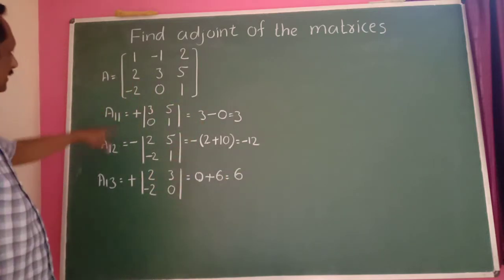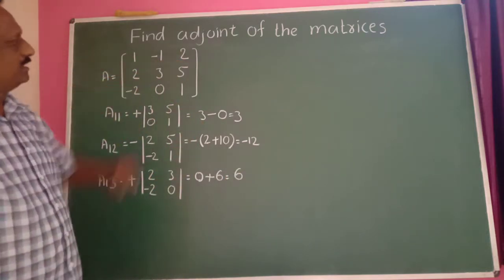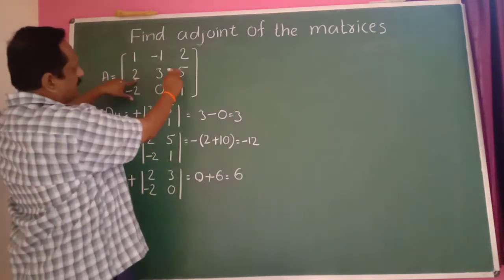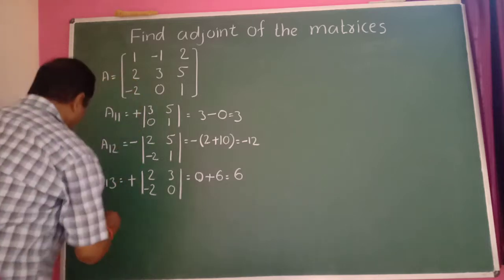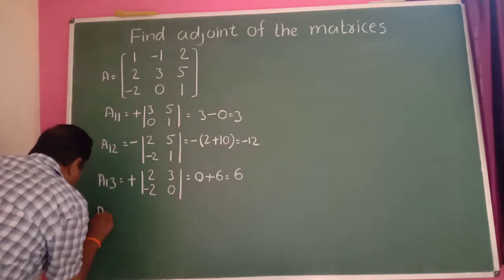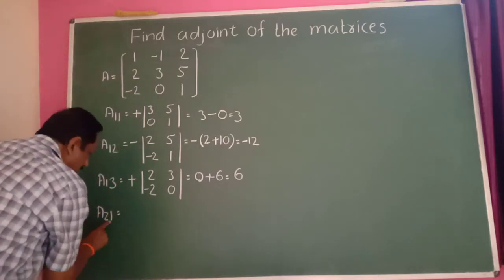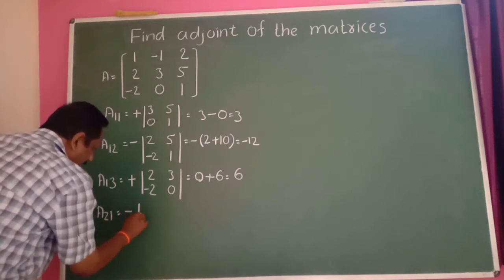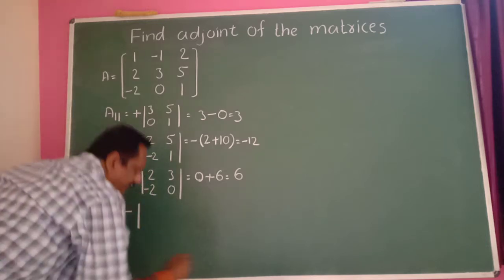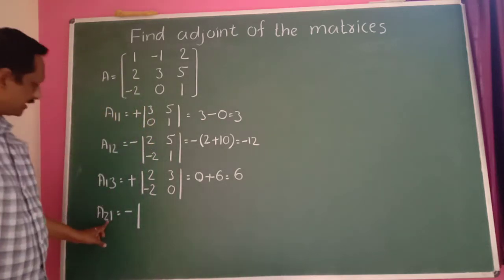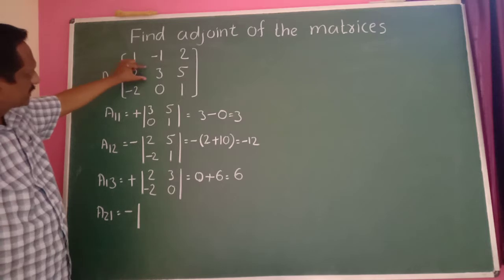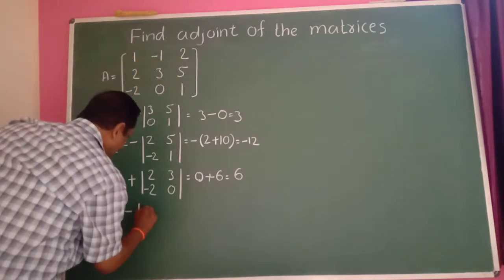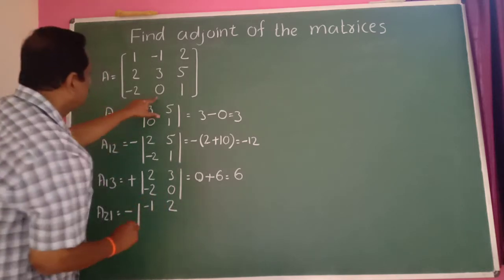Okay, the cofactors of these 3 elements. Then we'll find the cofactor of these elements. This is in the second row, first column. Therefore A21: 2 plus 1 is 3, an odd number, take a minus sign. Determinant of, deleting the second row and first column, the remaining elements are minus 1, 2, 0, 1.